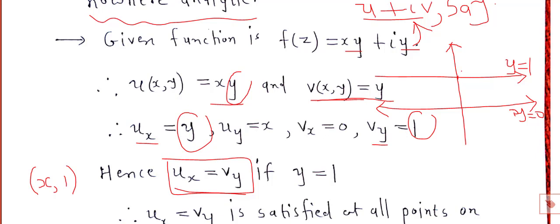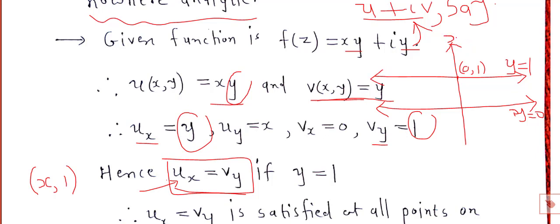For example, if this distance is 1, this point is ordered pair (0, 1), so this point is on the line y equal to 1. So this equation is satisfied at all the points on the line y equal to 1.